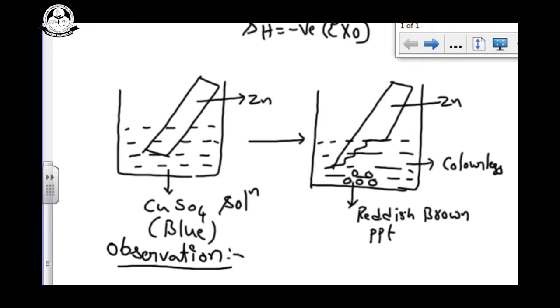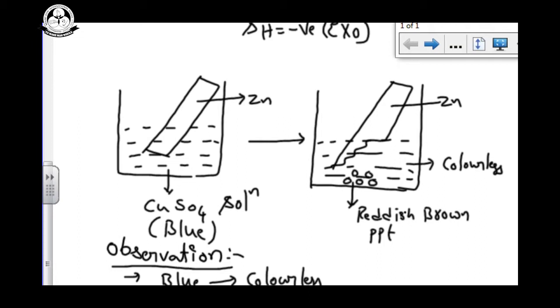Observations. First, the blue color solution becomes colorless. Second, the mass of the zinc rod decreases.